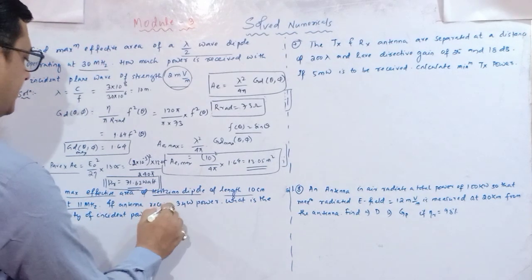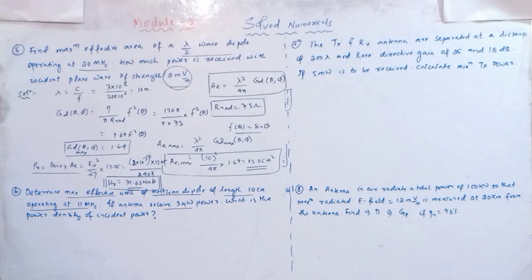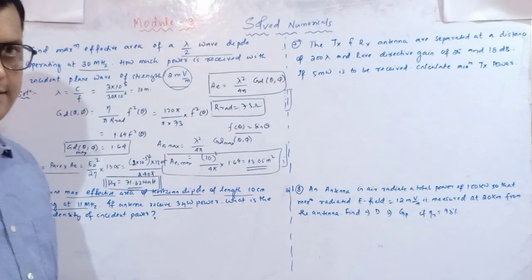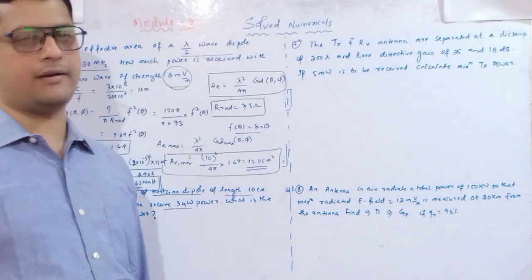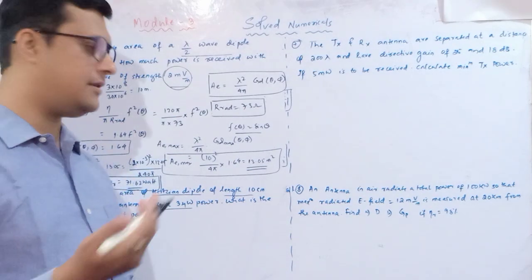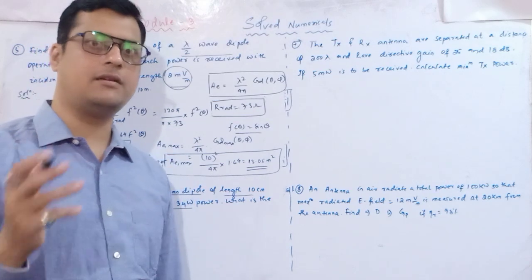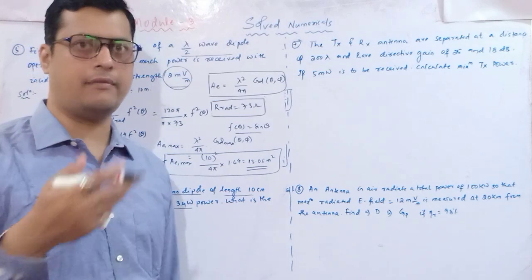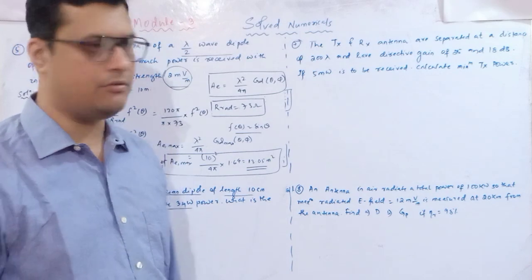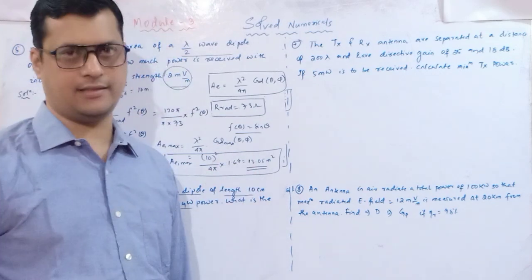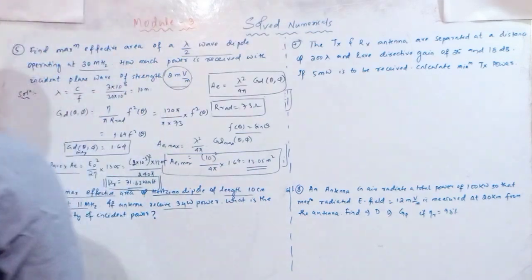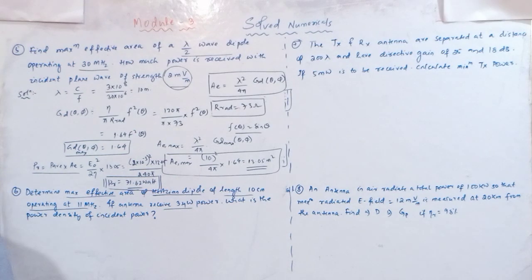If the antenna receives 3 microwatt power, then what is the power density of the incident power? It is easy. Incident power means power received. Intensity means power density, S, you have to identify. So power received divided by the area gives you the intensity. We will see that step by step.